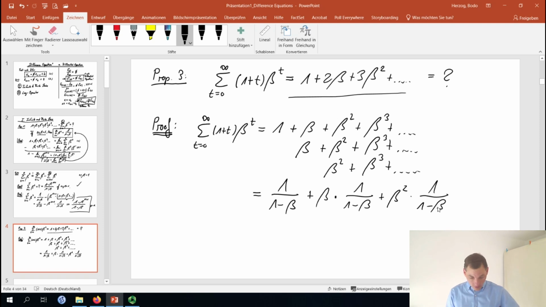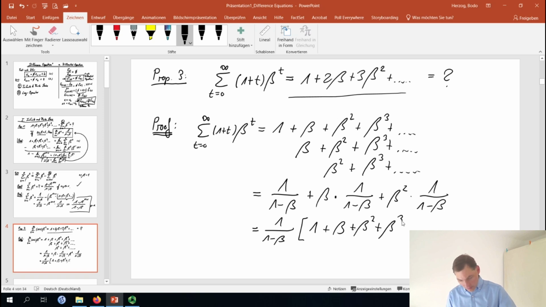Of course, okay, now see, I can factor out all these fractions because they pop up in all the terms, and then I have a term that is the first one, that is my 1 term, then a beta term, a beta squared term, I would have then a beta cubed term, and so on up to infinity. But look, what is this? In the beginning, we have in front this 1 over 1 minus beta.